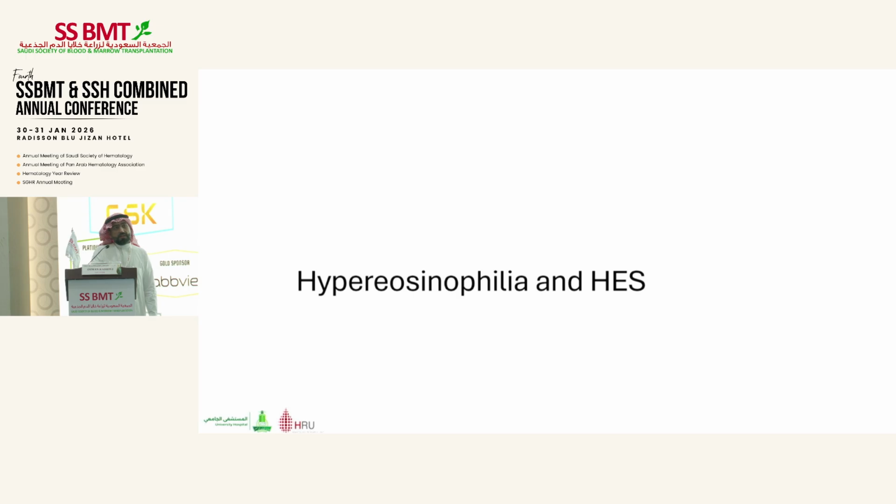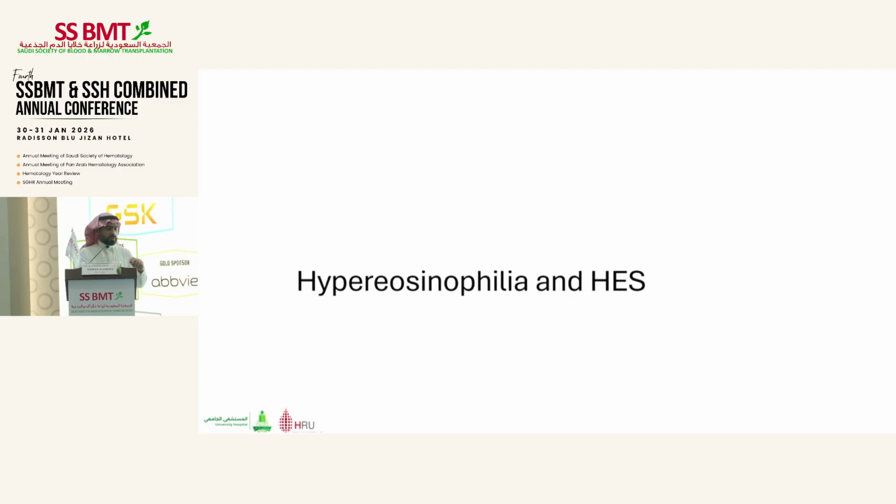Hypereosinophilia has multiple terminologies that have been used. Going back to 2010, multiple classification systems have been developed by the American group, Italian group, and WHO, and most of them are flying around the same point, which will be summarized shortly.